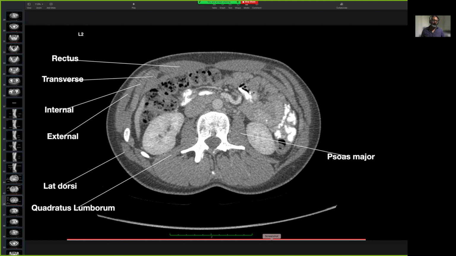You will see the Quadratus Lumborum get bigger in the slides as we go lower. So it's fair to be confused here because it's very small. It is also confusing even lower down because this big muscle you think is a Quadratus Lumborum, but it is actually the erector spinae.